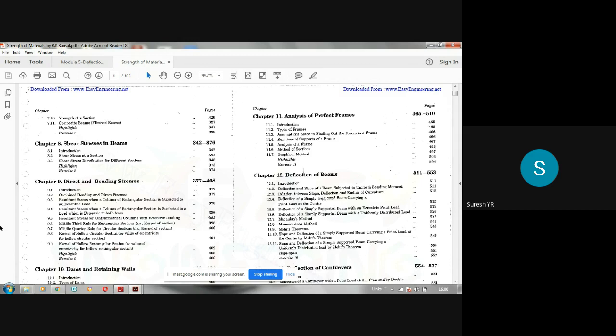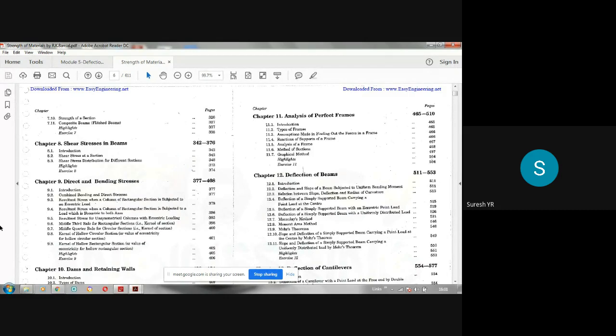Simplify: 6x square minus 5 into x minus 2 whole square minus 15 by 2 into x minus 3 whole square plus C1.